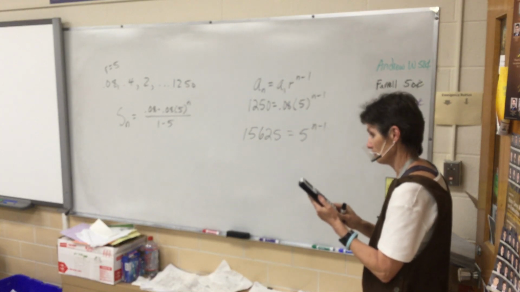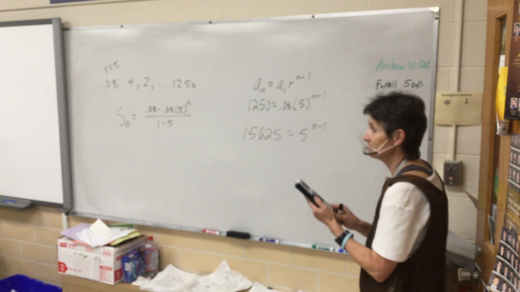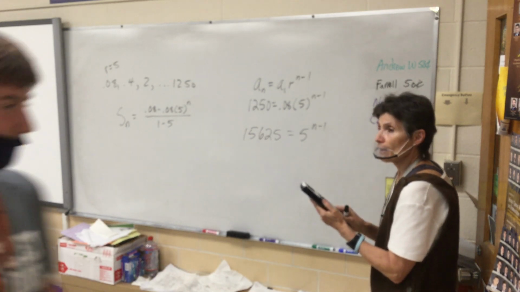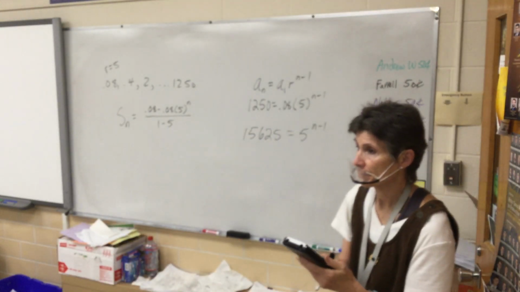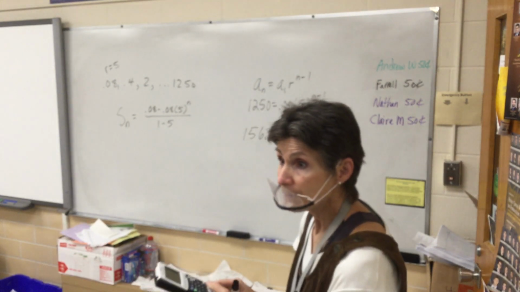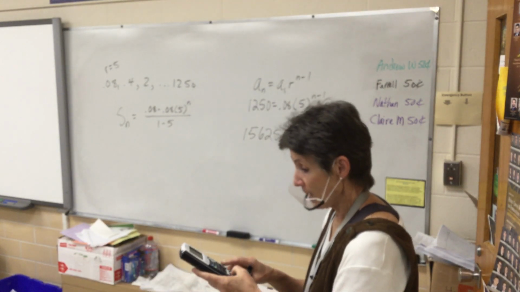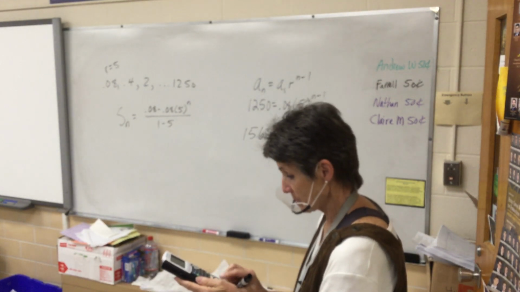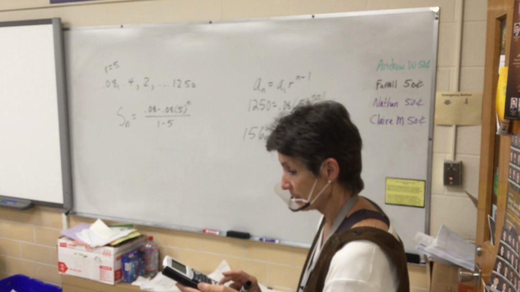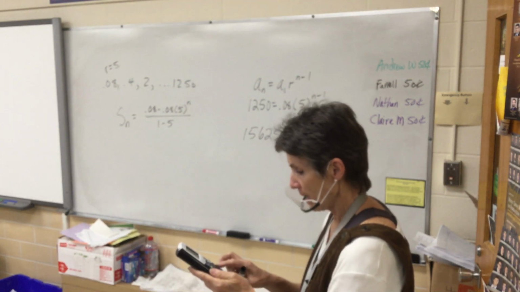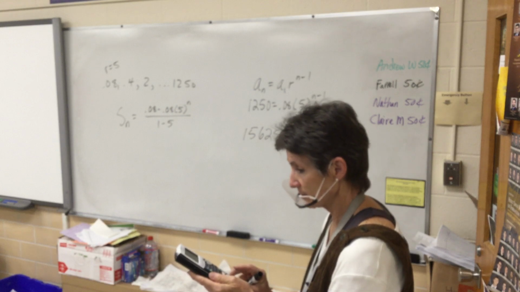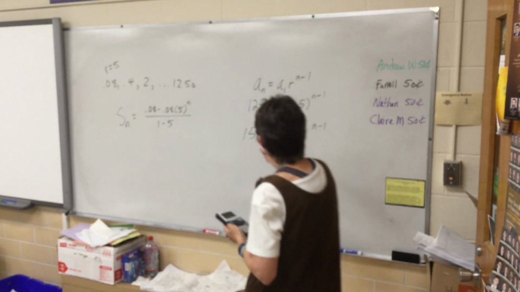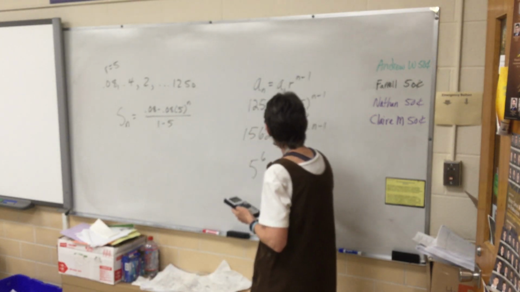All right, what do I do now? You want trial and error? So 5 raised, I'll start with the 8th. Too big. So 5 raised to the 6th. There it is. So this is 5 to the 6th power.